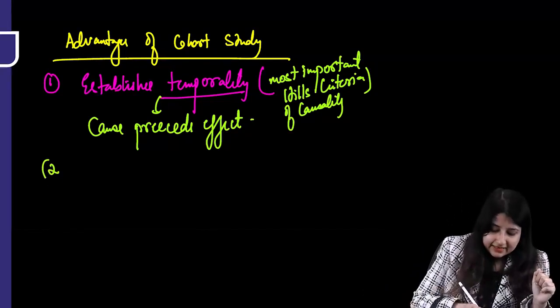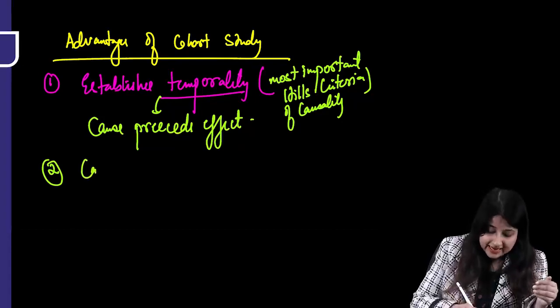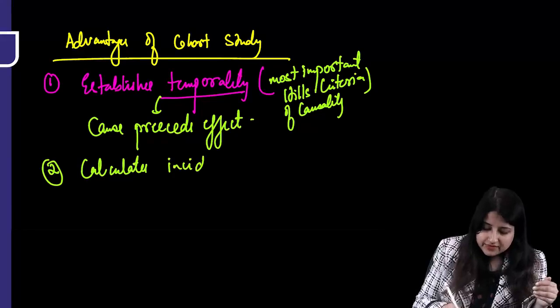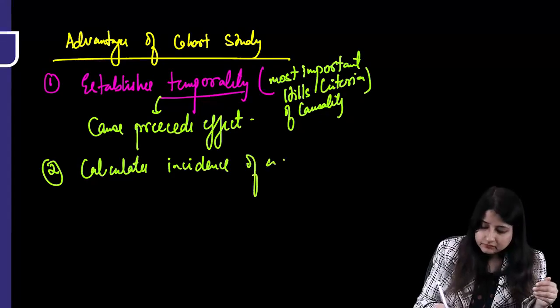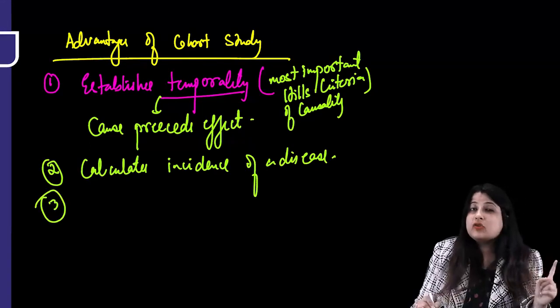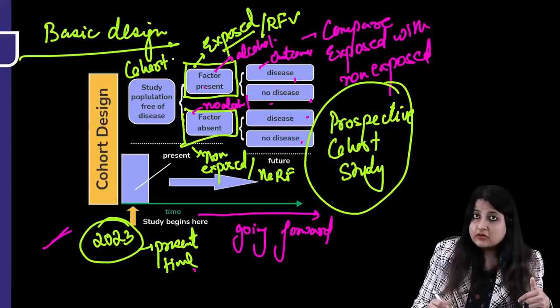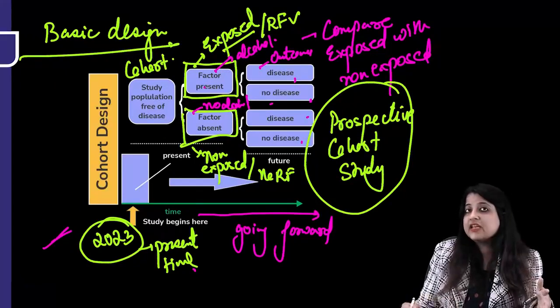Okay. Second, what is it helping you calculate? A very important thing. It calculates incidence of a disease, which is very, very important. Third, it is also helping you study. Now, you divided them into alcoholics, non-alcoholics, and then you followed them up for the outcome.